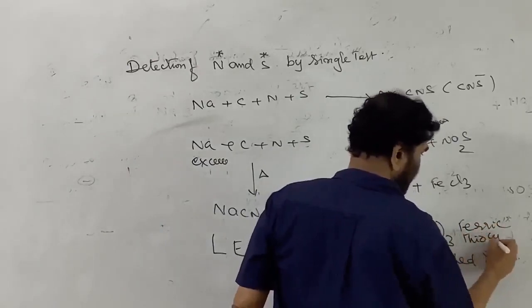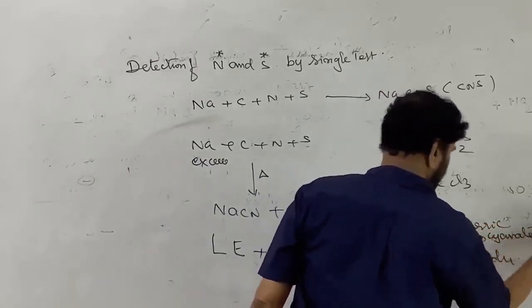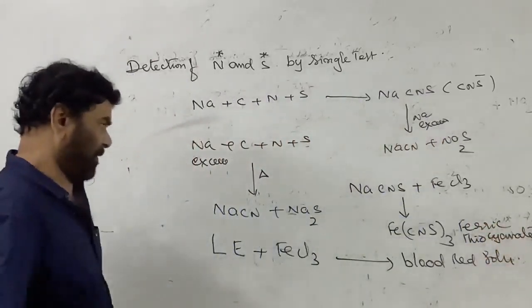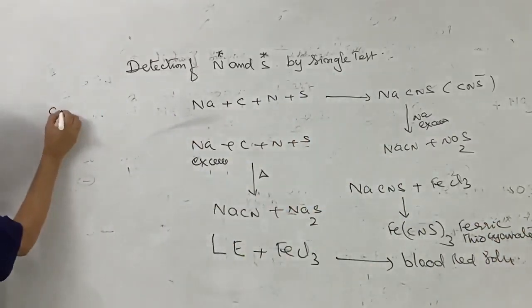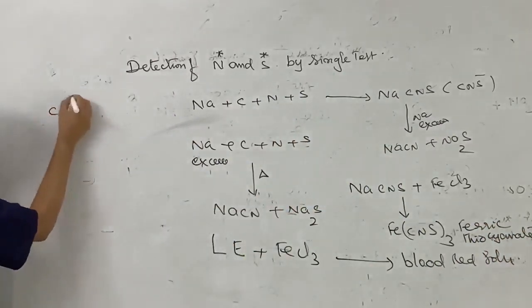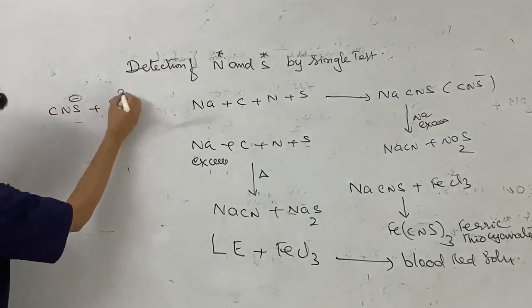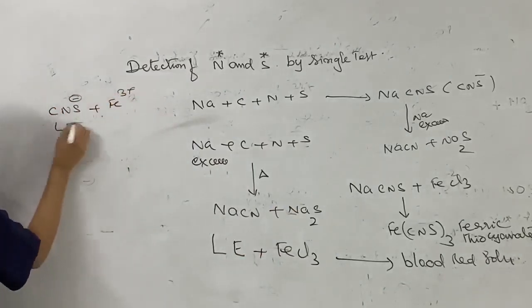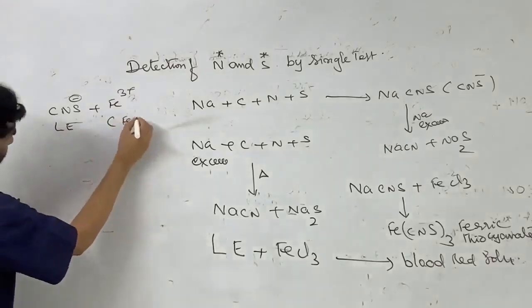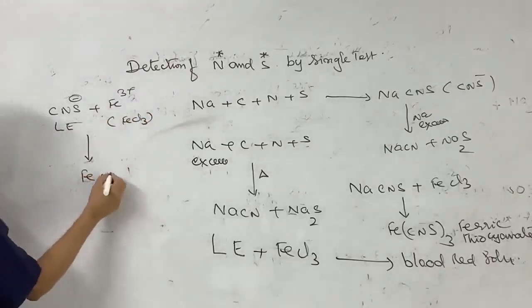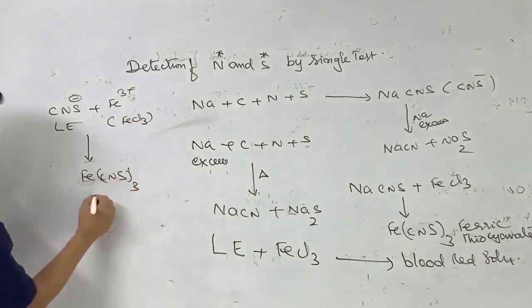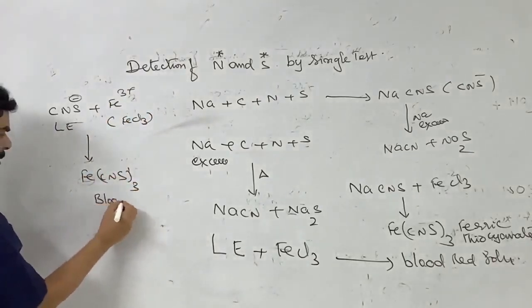The thiocyanate ion reacts with the ferric ion. This is from the Lassaigne's extract, and this is from ferric chloride. I am writing the ionic reaction: the two combine and form this blood red colored one.